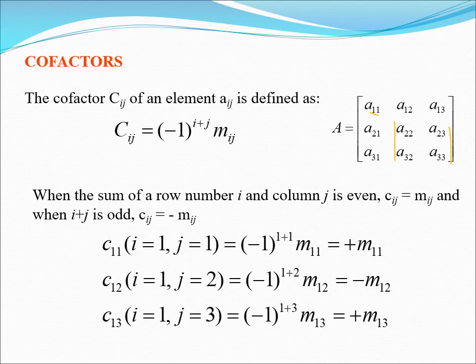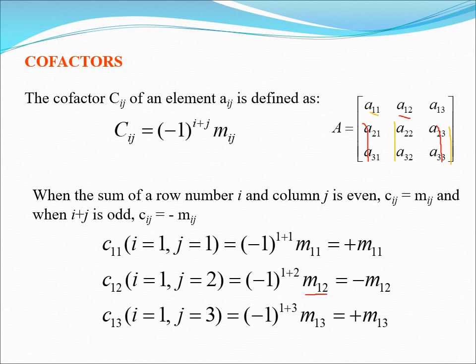Similarly, for A12 we will get the cofactor C12, and there we'll have the determinant of A21, A31, A23, A33. This determinant will give us M12, multiplied with -1 to the power 1 plus 2.